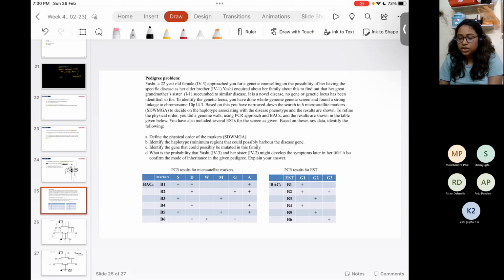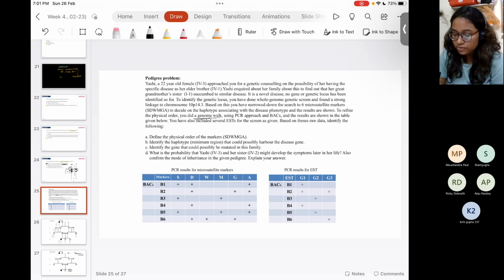Now, you have to do genome work. Please take a screenshot of this problem. I'm just quickly going through how to solve it so that later on you can follow. This video will also be available to you, so that you can refer to whatever I'm explaining.